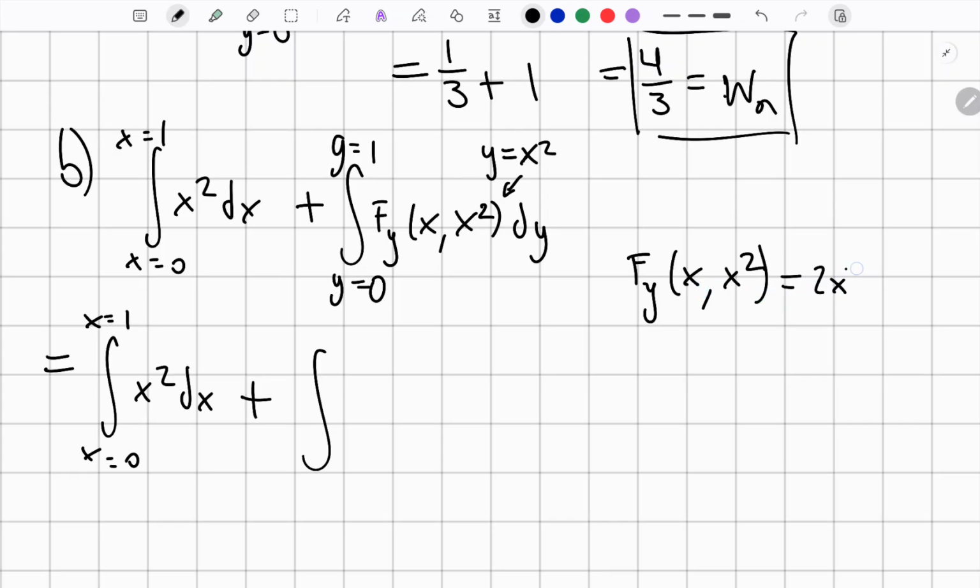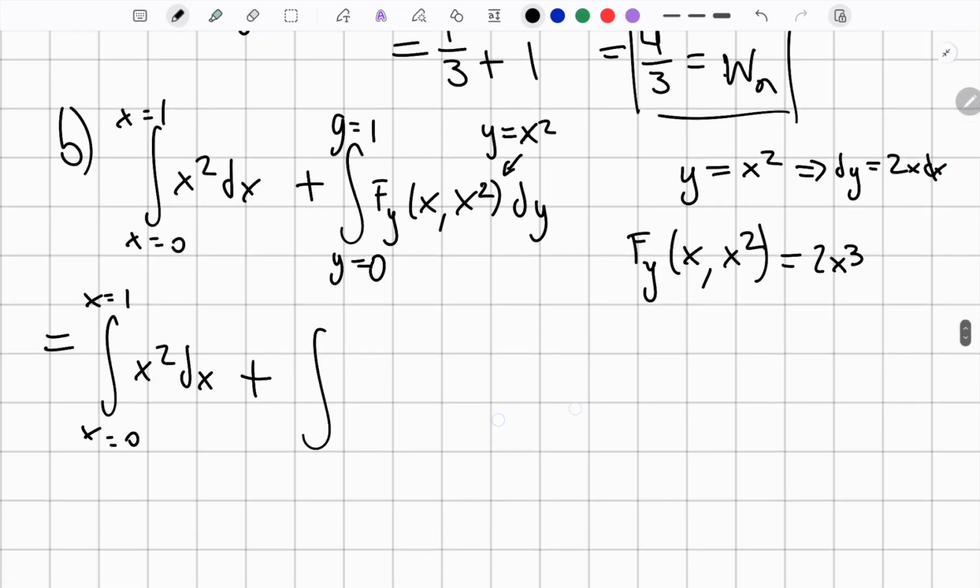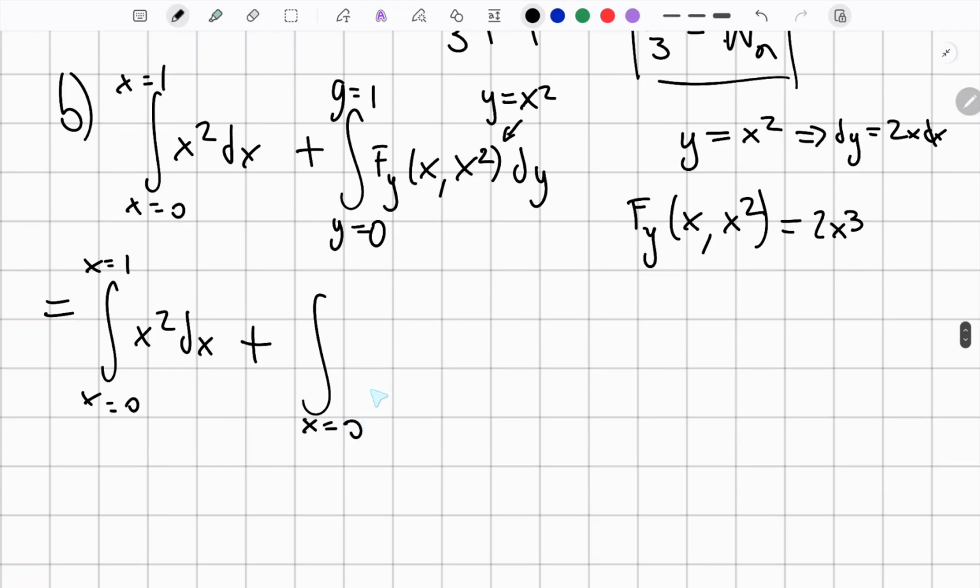We end up with 2x to the third. Now, if we say y is equal to x squared, then dy must equal 2x dx. So by plugging these things in, we can get everything in terms of x. So this second one will go from x equals 0 to x equals 1, and that'll be 2x to the third, and our dy is now transformed into 2x dx.